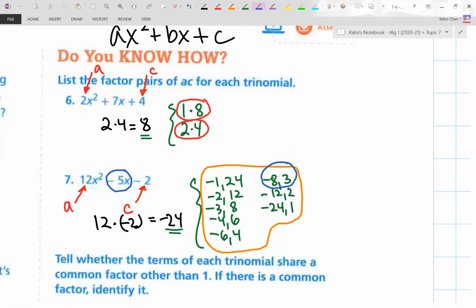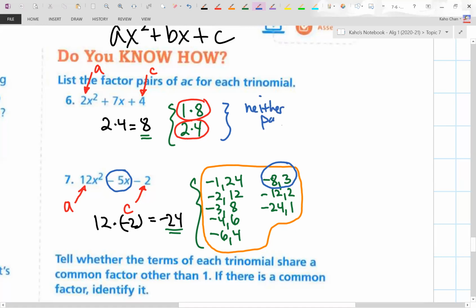Not all quadratics can be factored. So number 6 is actually a situation where it cannot be factored. Kind of interesting, because neither of these add up to 7x. But this one does for number 7. Just an observation. Okay, it's kind of cool to see that.